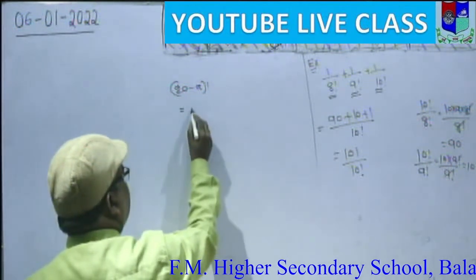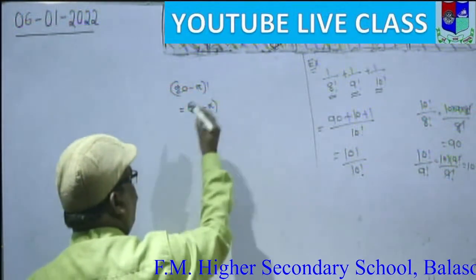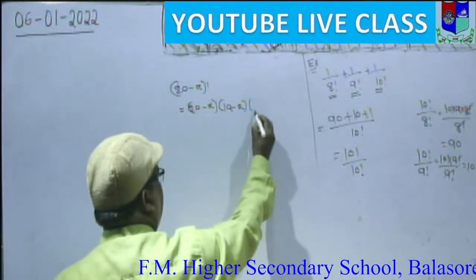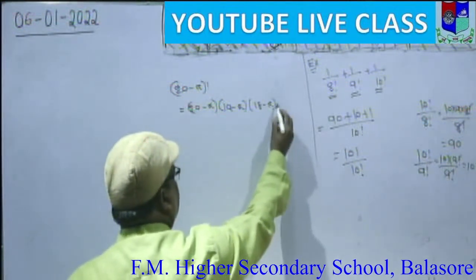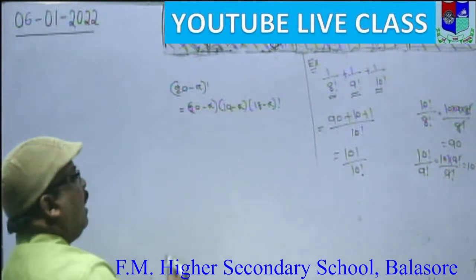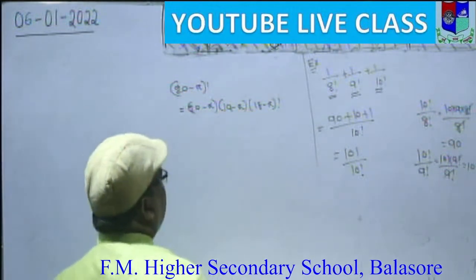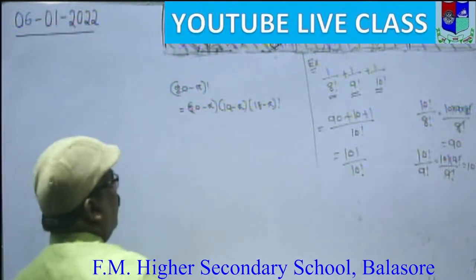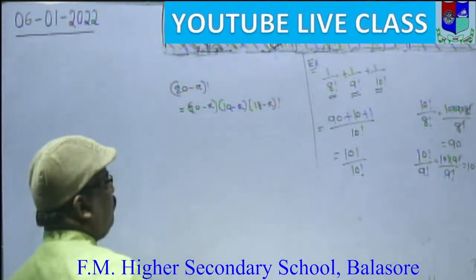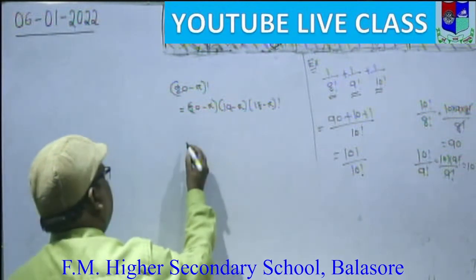We reduce it as 20 minus r, then 1 reduced, that is 19 minus r, then 1 reduced, that is 18 minus r, like this. Okay? So we may reduce this.